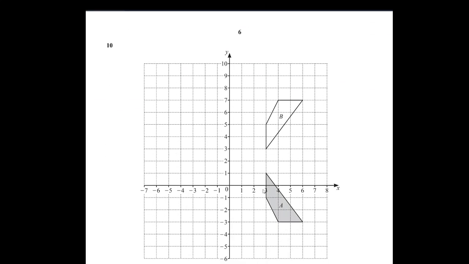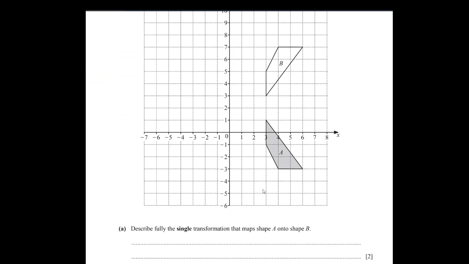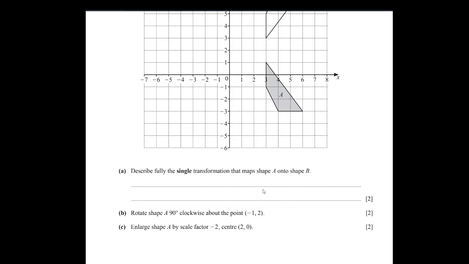Question number 10, there is a transformation given, and question A they are asking us to describe fully the single transformation that maps shape A onto shape B. Okay, rotate shape A 90 degrees clockwise about the point (-1, 2), and enlarge shape A by scale factor minus 2, center (2, 0).